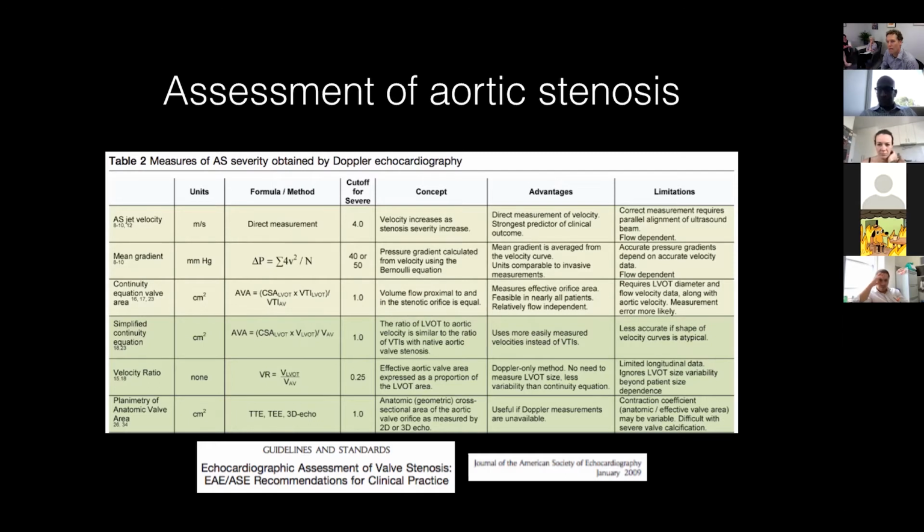Beautiful. As well as the Doppler angle, it's also the way that we measure it on the Doppler profile. I think it's the same for the peak velocity, but for the mean gradient it's also easy to get them wrong. So what do you have to do on your Doppler profile? Let's say we've got the best angle we can with the Doppler interrogation.